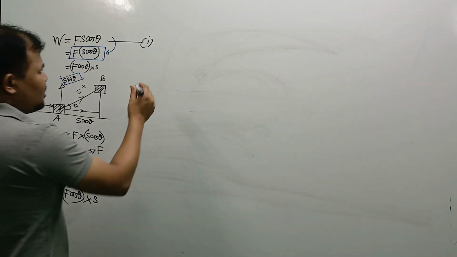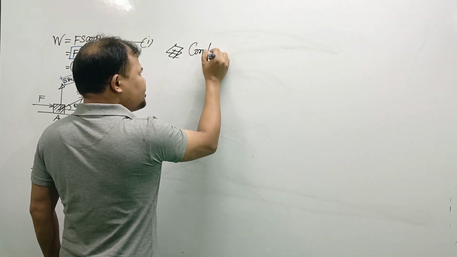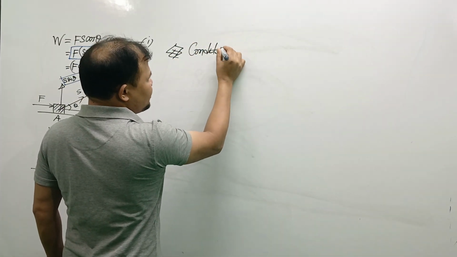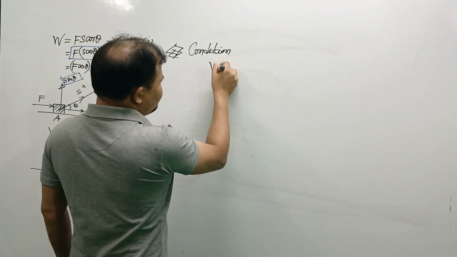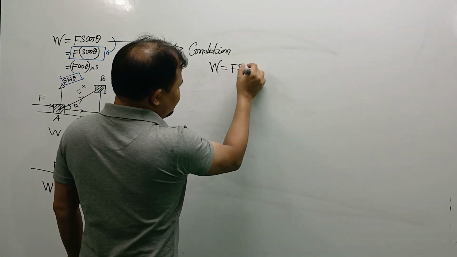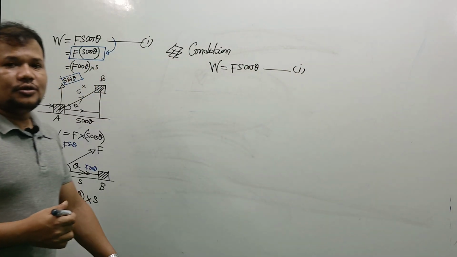My dear students, what is our condition? Our condition will be really very important. Suppose our equation is W equals F S cos theta. This is our basic equation to measure the work.